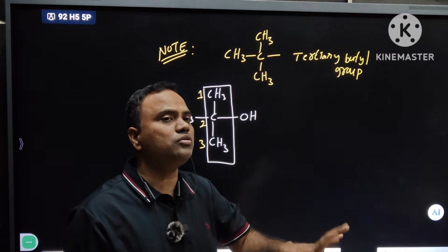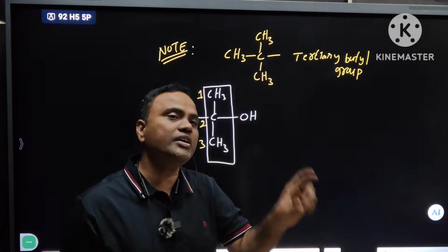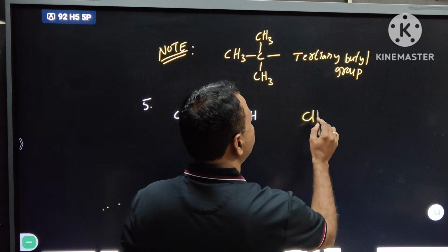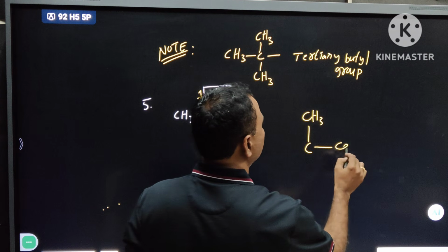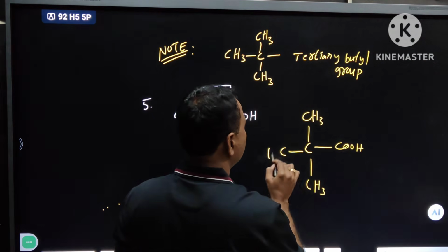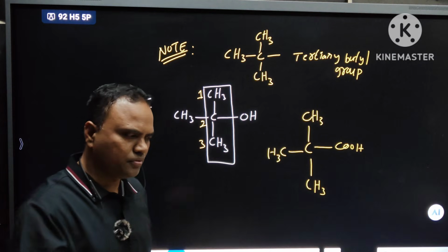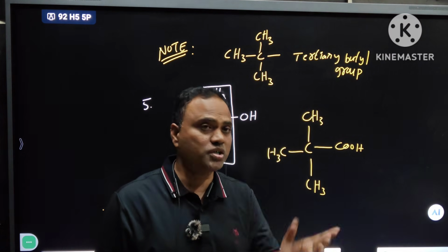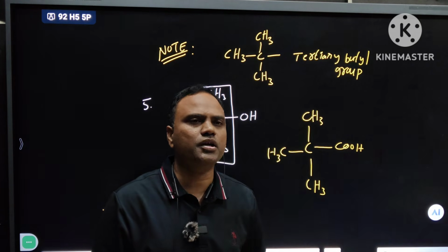You have to include the functional group when it has carbon. For example, if I have it like this, a very important rule is to select the longest chain. It should include carbon atoms.